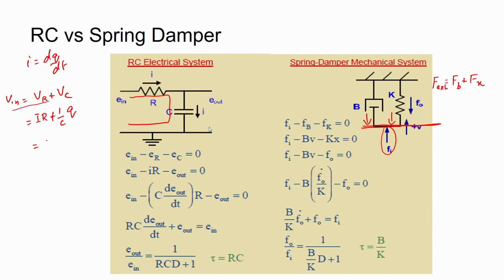So this one would be Q dot plus 1 over C Q. Let's divide it throughout by R. So 1 over R Vn is equal to Q dot plus 1 over RC Q.